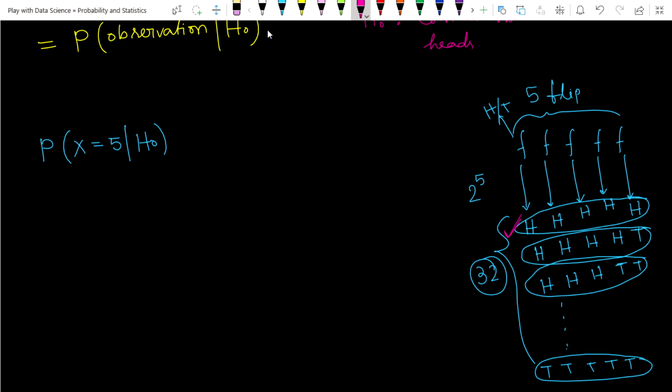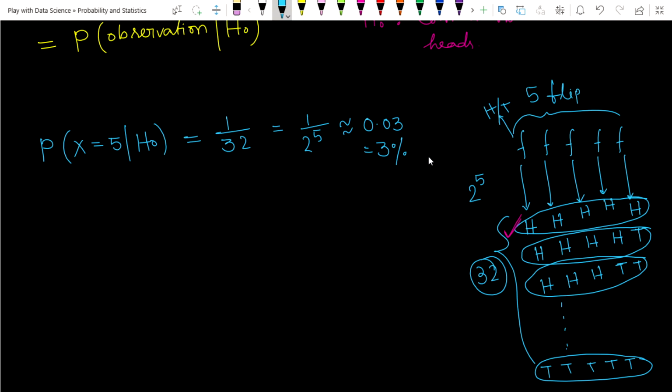It will be 1 by 32, which means 1 by 2 to the power 5. If you calculate using a calculator, this is approximately 0.03, which means approximately 3%.